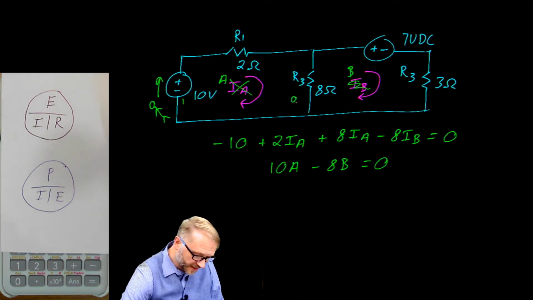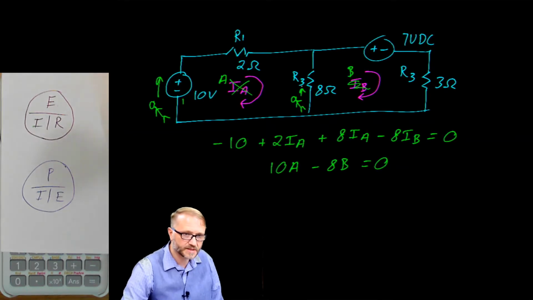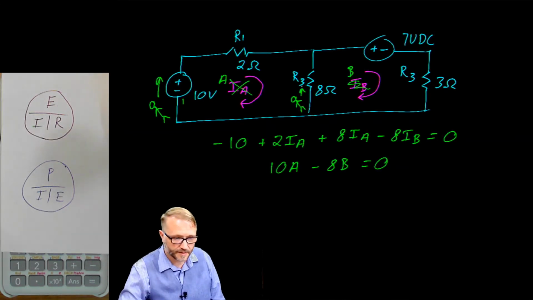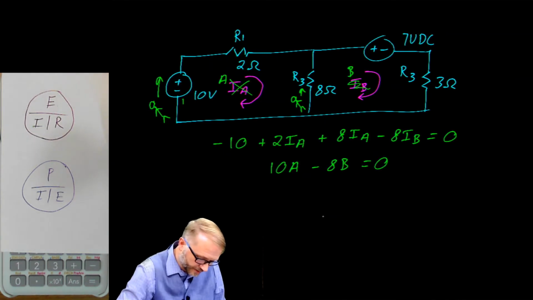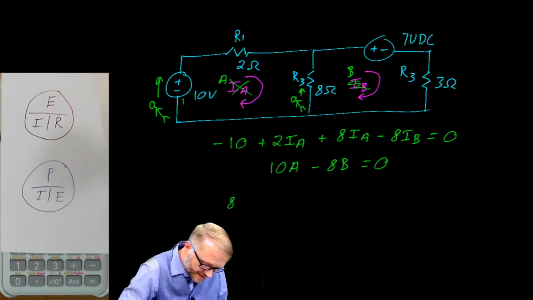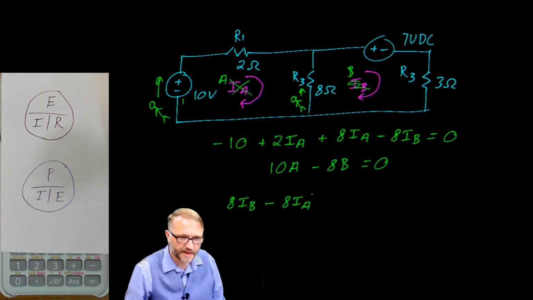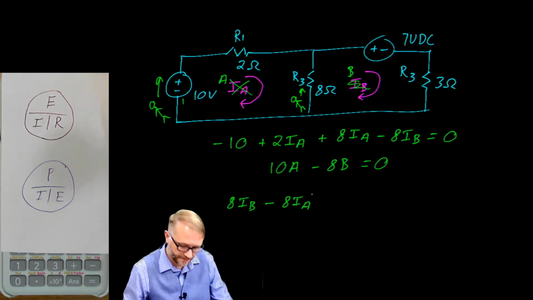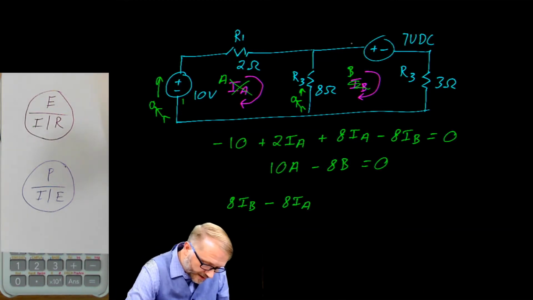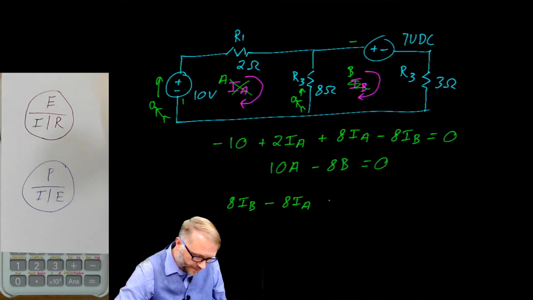Now we do loop B. We do the same thing as before. We start in this corner, again muscle memory, and we make the loop. Okay, here we go. We would start as 8 current B minus 8 current A. Again, they're at cross purposes with each other. We are now here entering this power supply on a positive terminal.